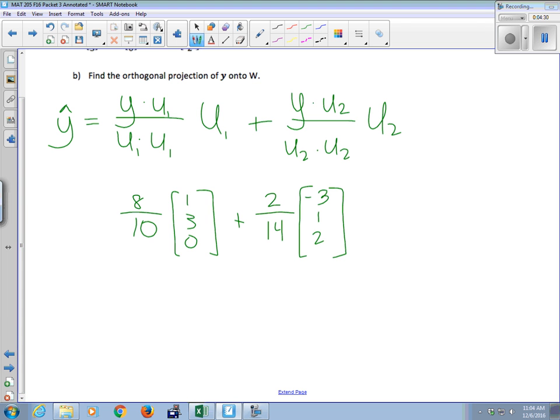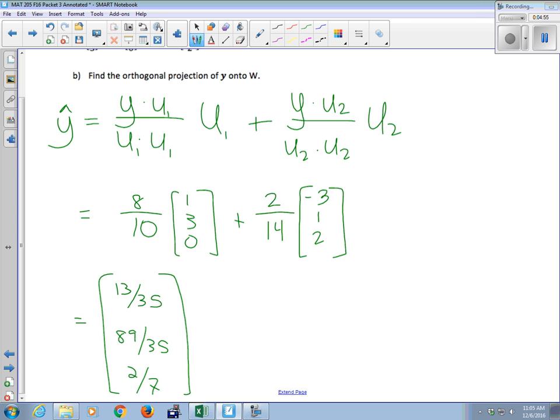So to get rid of some ugly fractions here, I'm just going to multiply my 8/10 times every term in here, multiply my 1/7 or 2/14 times every term in that vector, and this comes out to 13 over 35, 89 over 35, and 2/7.